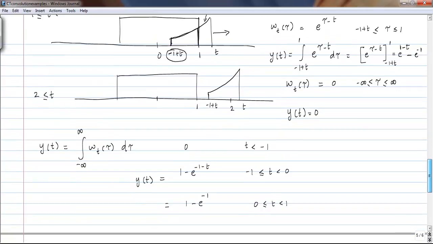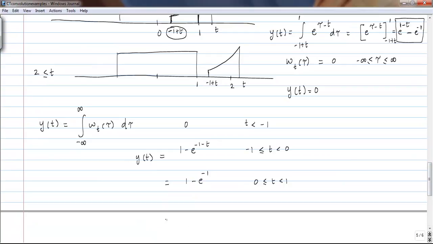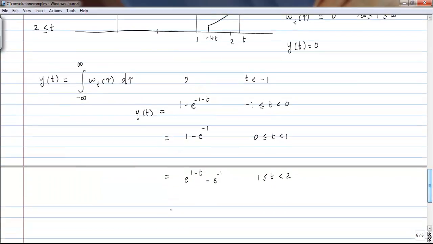And when t is between 1 and 2, it's given by e raised to 1 minus t minus e raised to minus 1. And it's 0 for all values of t greater than 2. So this is the final result.